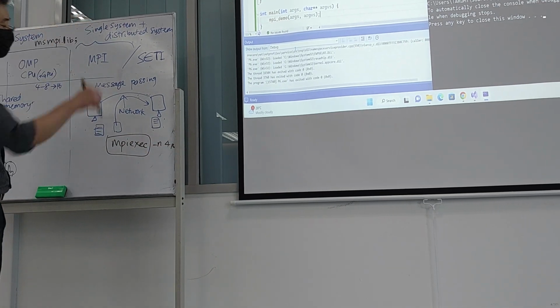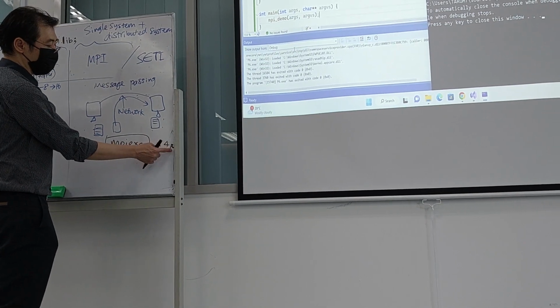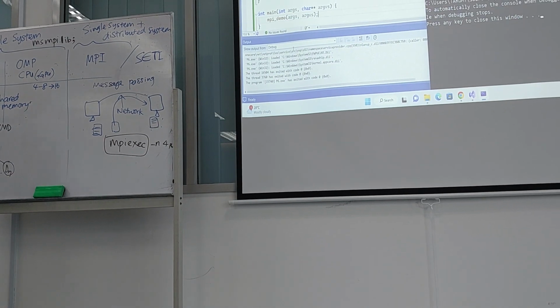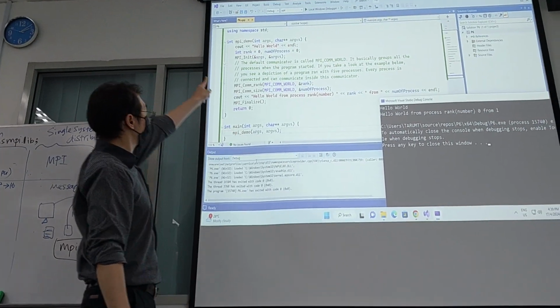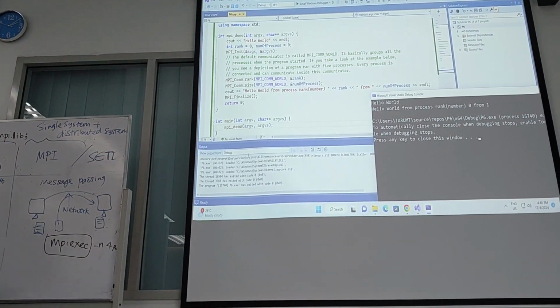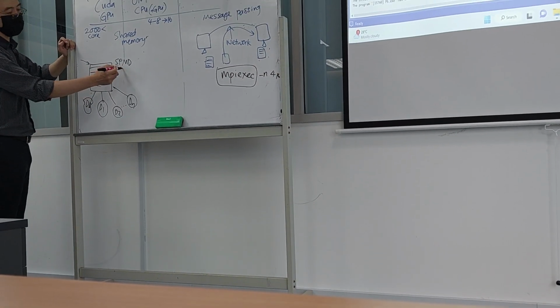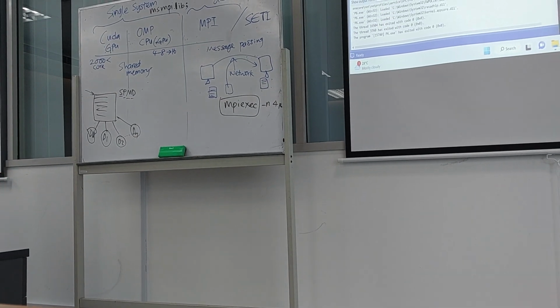So -n 4 means 4 processes run this program. All of them are assigned to run that same code, which is basically the main, because the main is calling the MPI demo. So all of them call this, and it's basically single program, multiple data also.